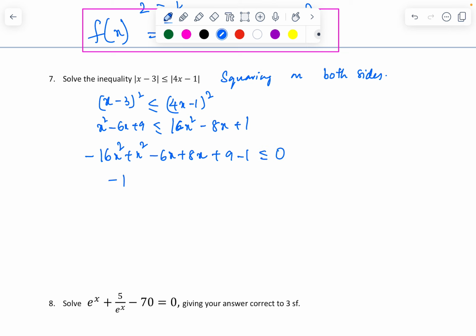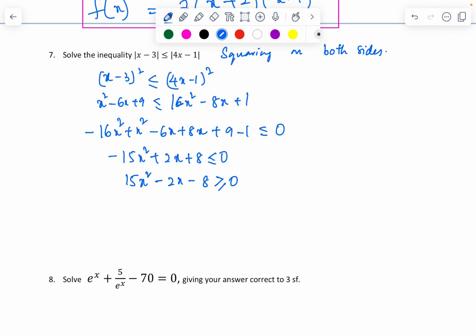So this gives me negative 15x square plus 2x plus 8 is less than or equal to 0. As I just said, change everything to the positive. So 15x square minus 2x minus 8 is greater than or equal to 0.